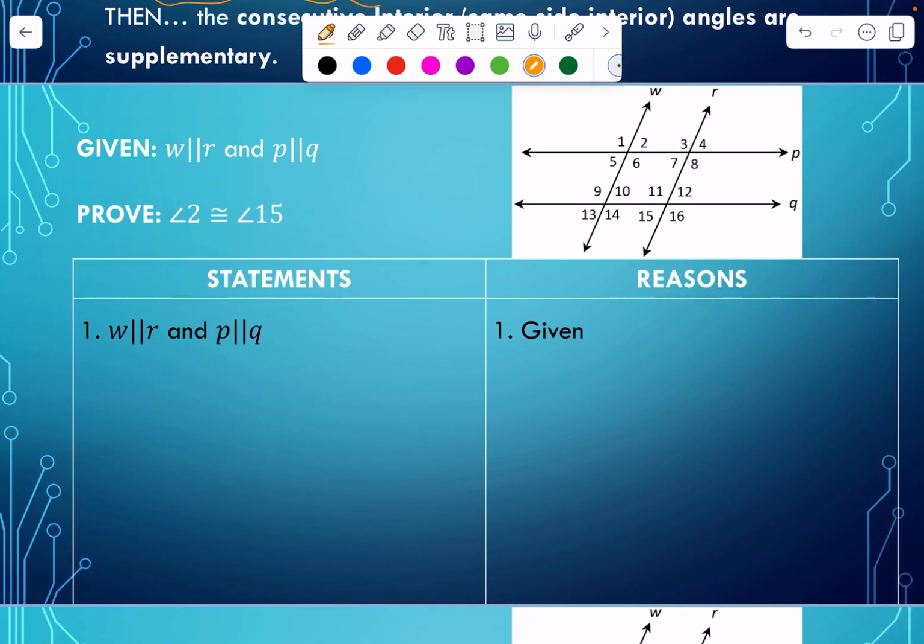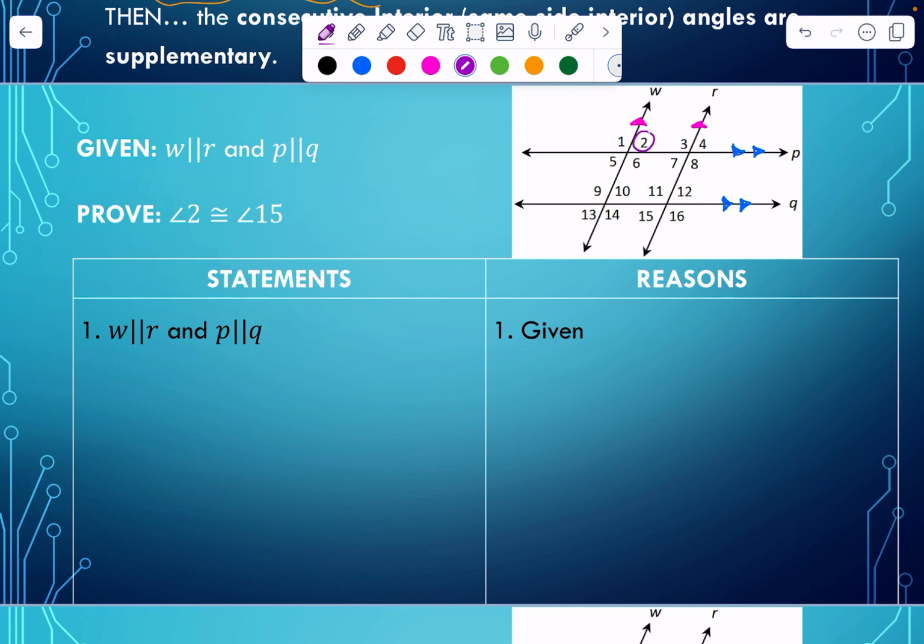So here, let's mark up our diagram. We know that W and R are parallel. We also know that P and Q are parallel. Now, the thing I always like to do is look ahead and ask, what am I trying to prove?